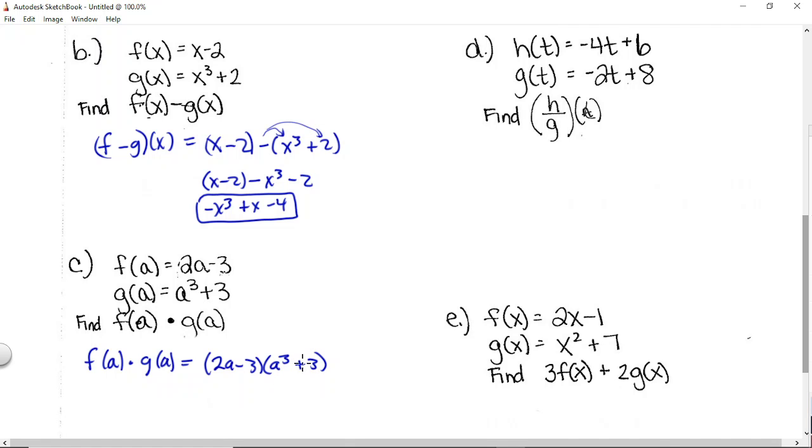Okay, so you might recognize what to do now. We sometimes call it FOIL, first, outer, inner, and last. But I just think of it as distributing twice. So we distribute the 2a times a cubed, which is 2a to the fourth.